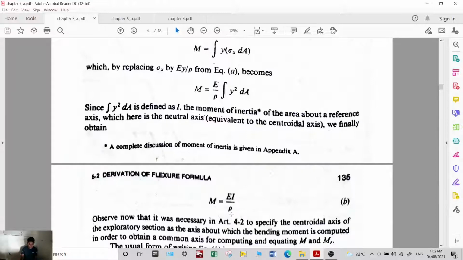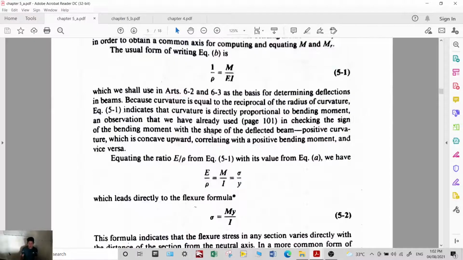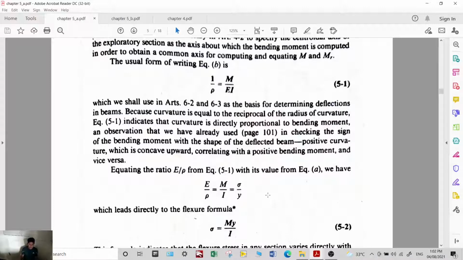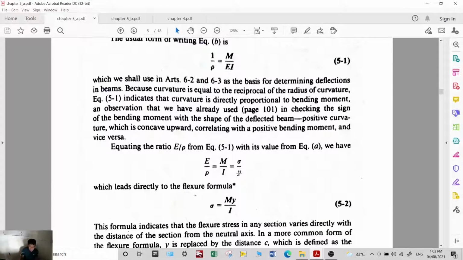But take note, what we want to get is the stress, no? Bending stress, since it is a moment. So how do we get it? Again, sigma is Ey over rho.